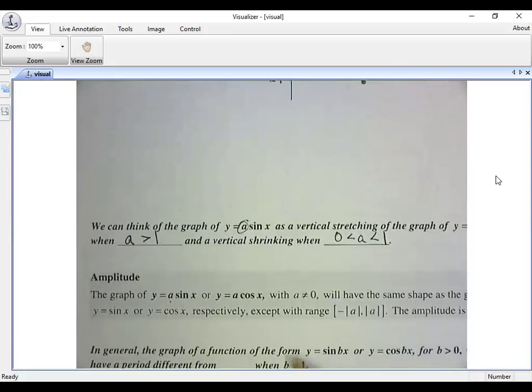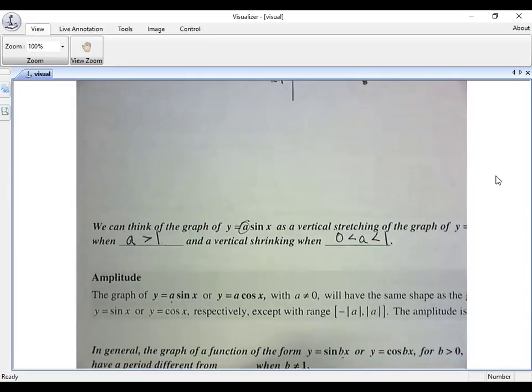Now, in general, the graph of a function in this form, y equals sine, and now notice we've got a new letter. It's a b, and it's not in front of the sine, it's in front of what? It's in front of the x. It's not going to change the amplitude, it's going to change what the angle measure is, right? And what that does is it's going to change the period.